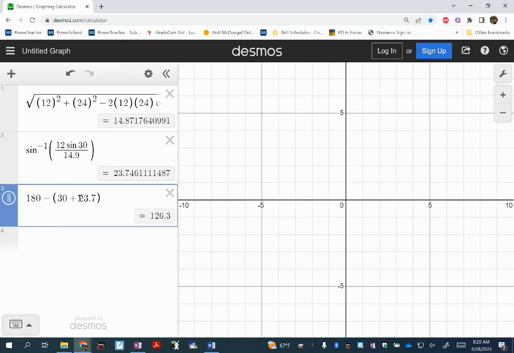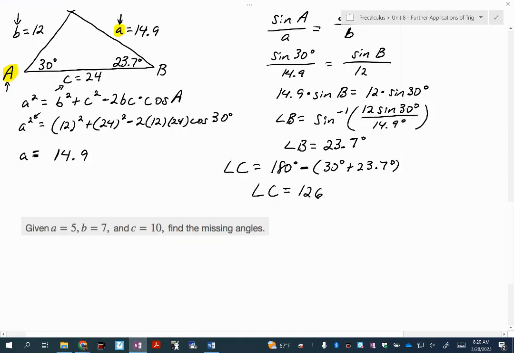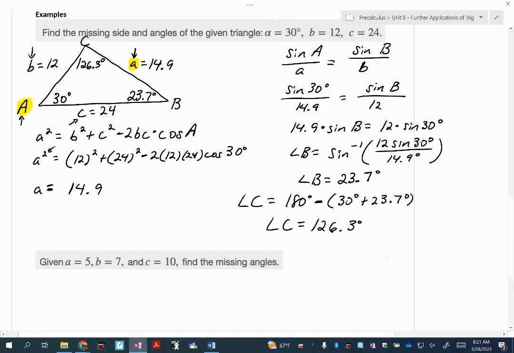So 126.3 approximately. All right, so that is my angle C. Oh, my bad, change the numbers there. 126.3. All right, so that's it for the first one.